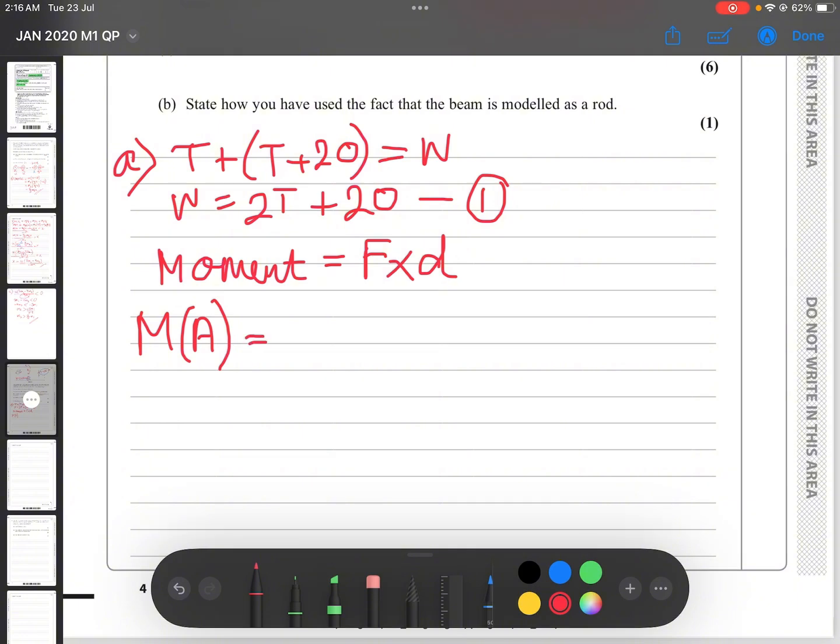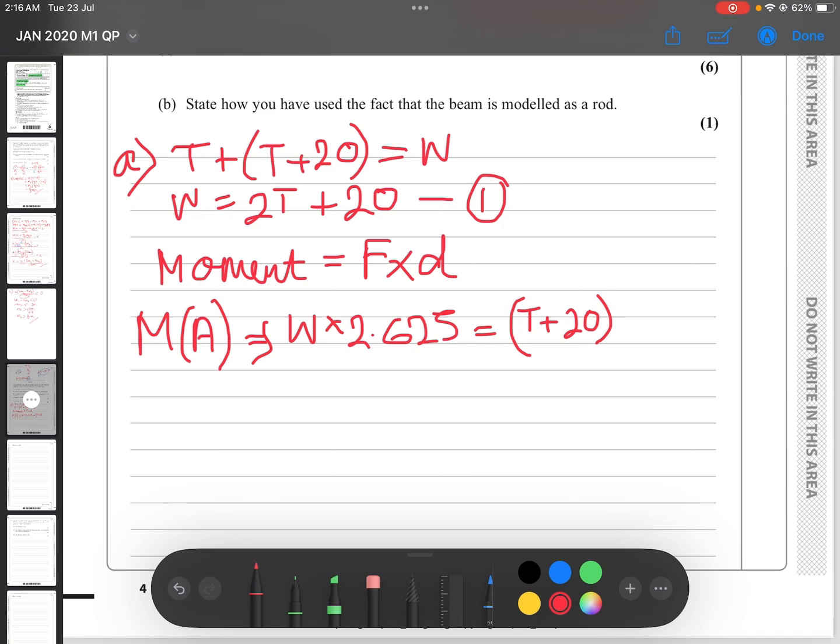So first let's consider clockwise movement. The clockwise movement is weight, force times the distance from A, they say 2.625 meter, which is going to be equal to the anti-clockwise movement, that was, the force was T plus 20.